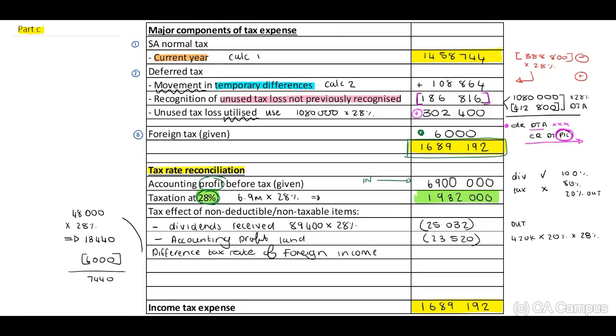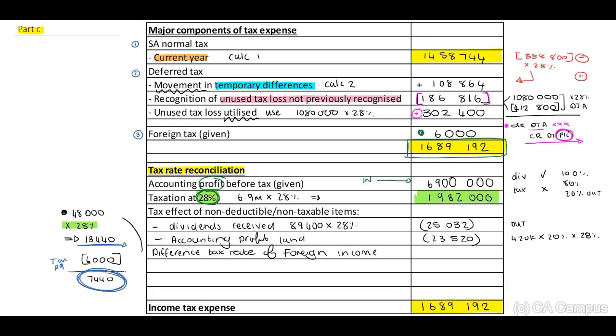When you look at the left side, not right, left side, guys, our total foreign income is the 48,000 times 28%, and this will be an amount of 13,440, right? But they have already paid 6,000. Therefore, there's a difference of 7,440.